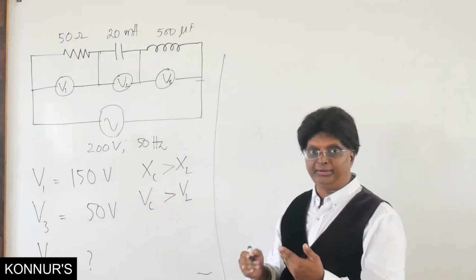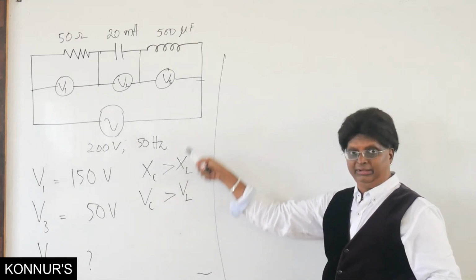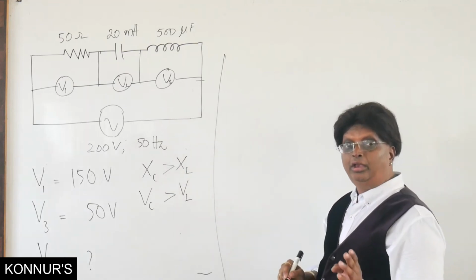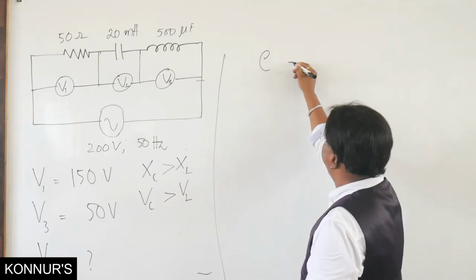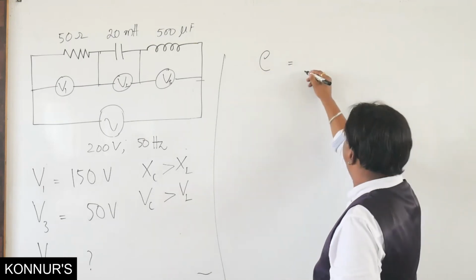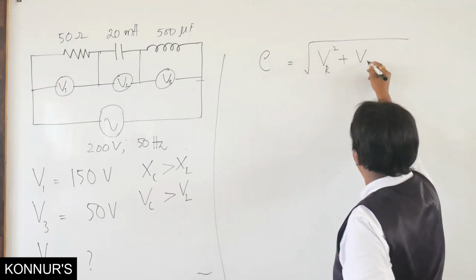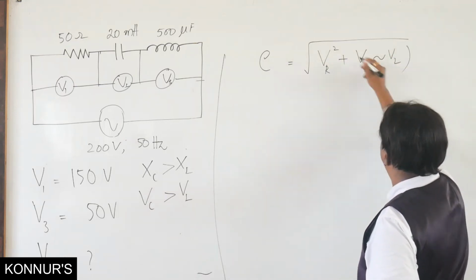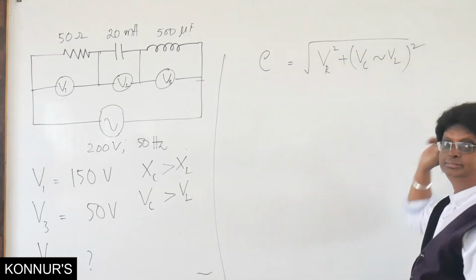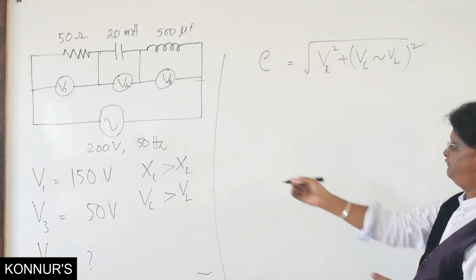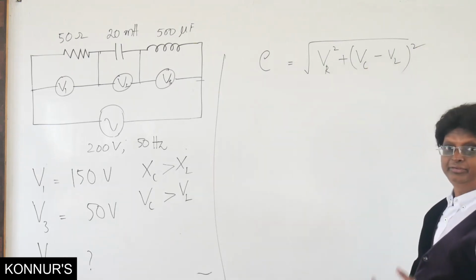This is one important takeaway: XC greater than XL, therefore VC greater than VL for the series combination. Now, what is the relation between different voltages that we have told? We have told E is equal to the square root of VR squared plus the difference of VC and VL, higher minus lower, whole squared. Now here, since we know that VC is greater than VL, I will straight away write it as VC minus VL.